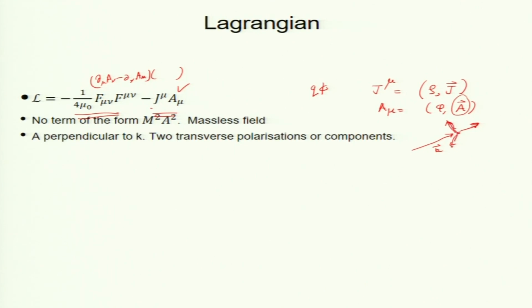So, we have 2 transverse components, and these are the polarizations. Right circularly, left circularly polarized, or polarization this way or that way. We do not have polarization of the photon along the k vector. It follows from mathematics.